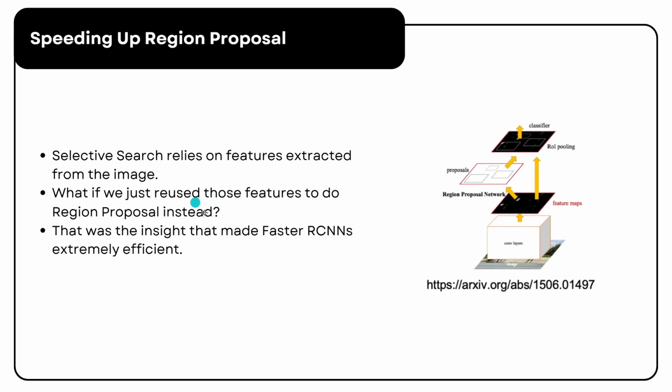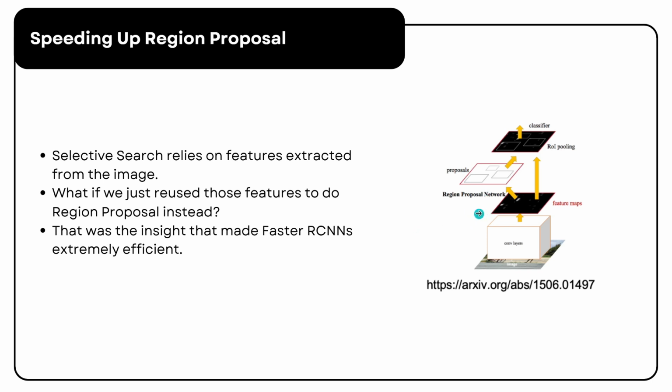So the creators of Faster RCNN asked a smart question. What if we reuse the feature maps already generated by the CNN to also propose the regions? This clever shift led to the introduction of the Region Proposal Network, or RPN.